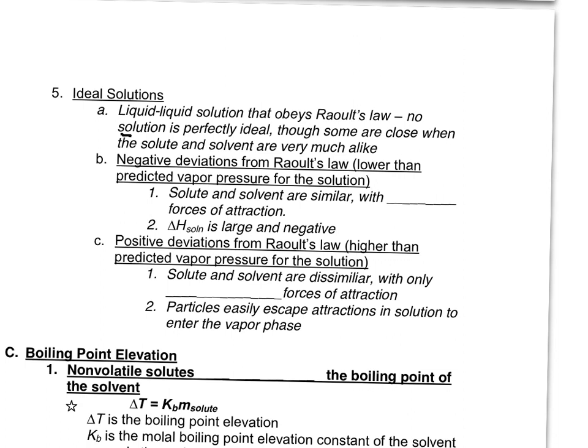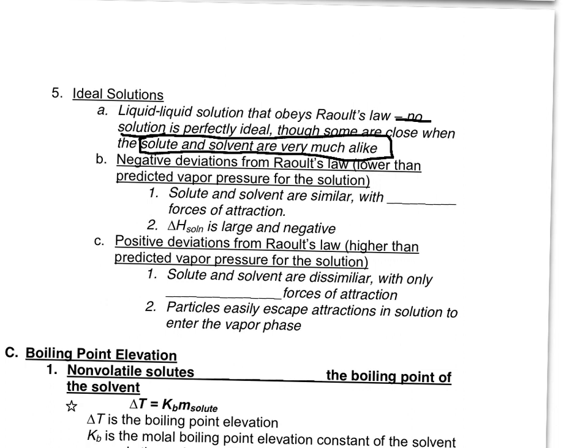There is no solution that is perfectly ideal. Some of them are really close. The ones that are closest to obeying Raoult's law are ones in which your solute and your solvent are very, very much alike, both very nonpolar, both very polar, both very whatever.